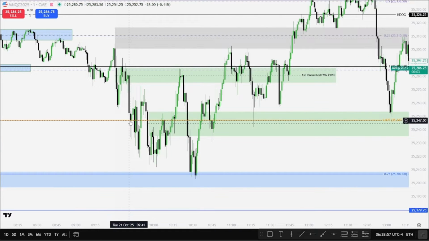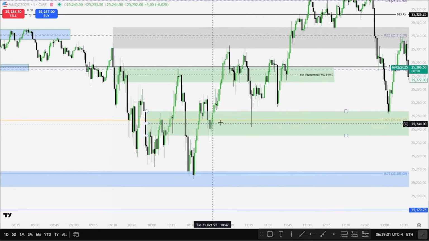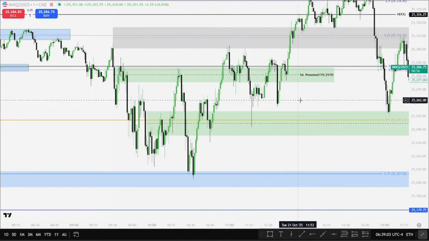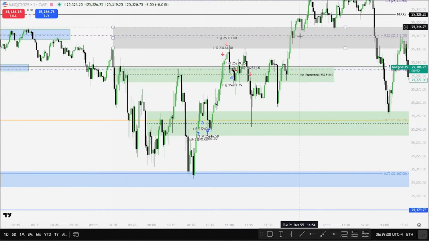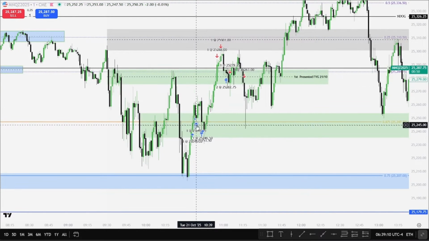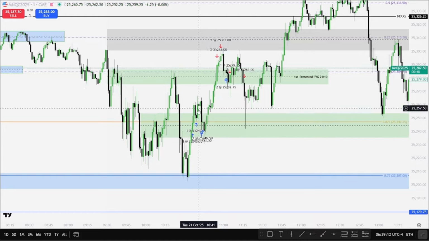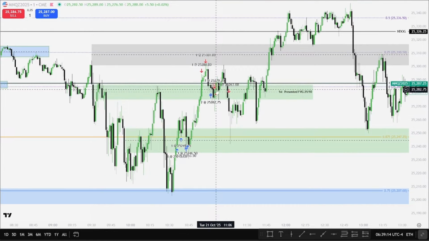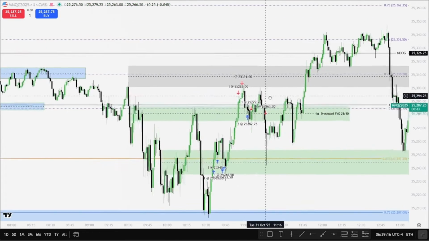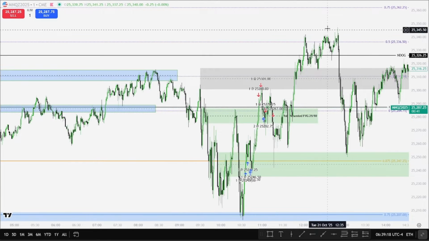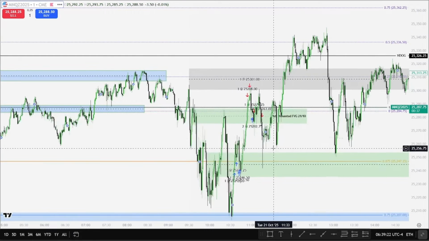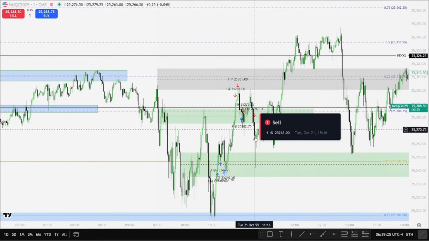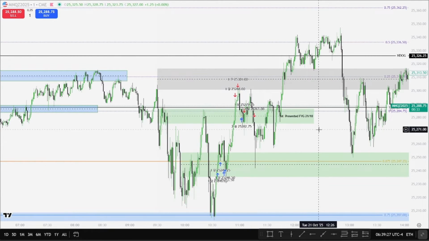This gets respected. Look at the bodies here, the wicks, the body stopping. I did an execution here off of this. I got 50 handles, but I wanted that move. And here it stopped me out. I trailed the stop loss up, and it stopped me out here, and I didn't get the rest of it.